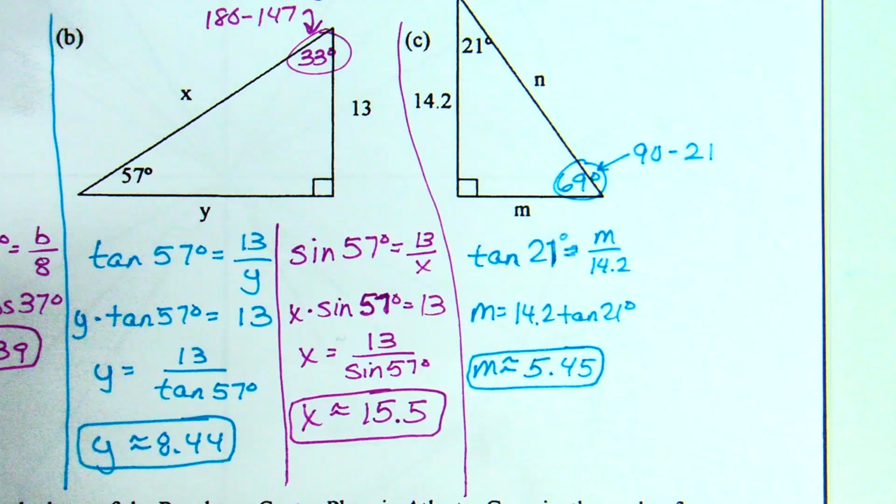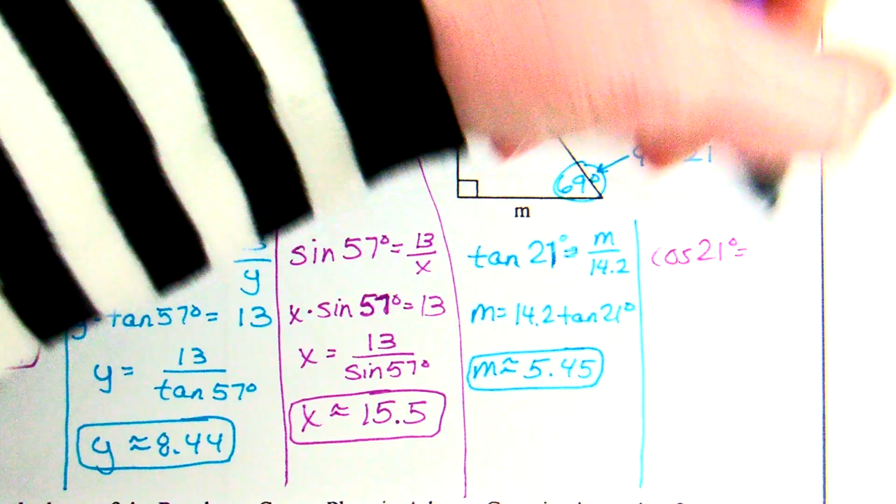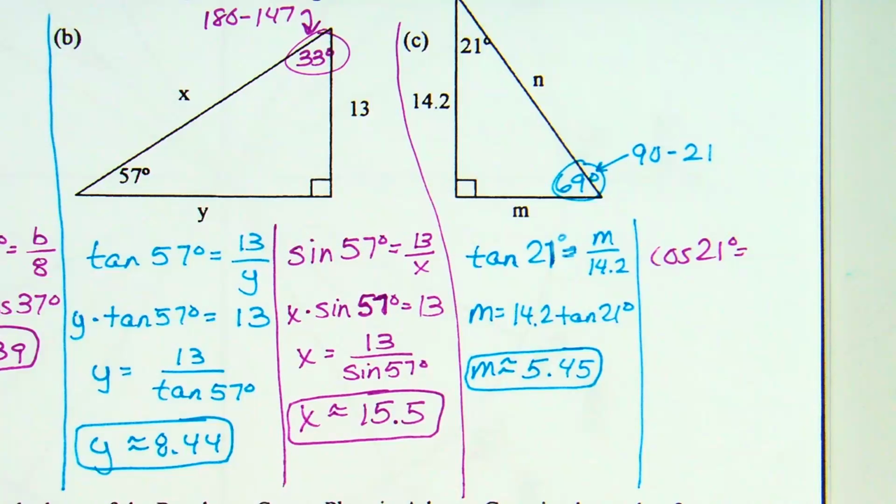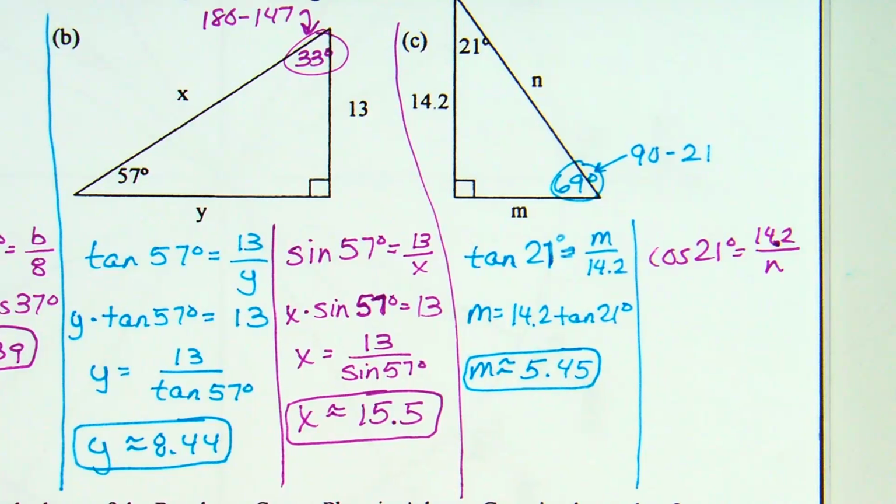The other one that we talked about besides tangent of 21 was cosine of 21. If we do cosine of 21, that's going to be what? Adjacent over hypotenuse, so 14.2 over n. Multiply by n.